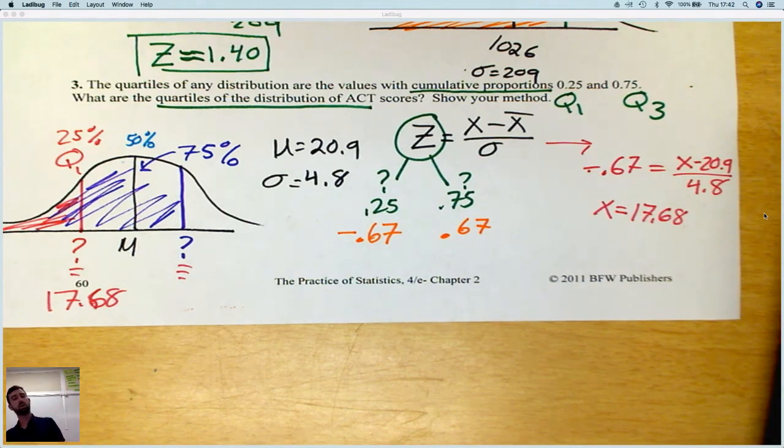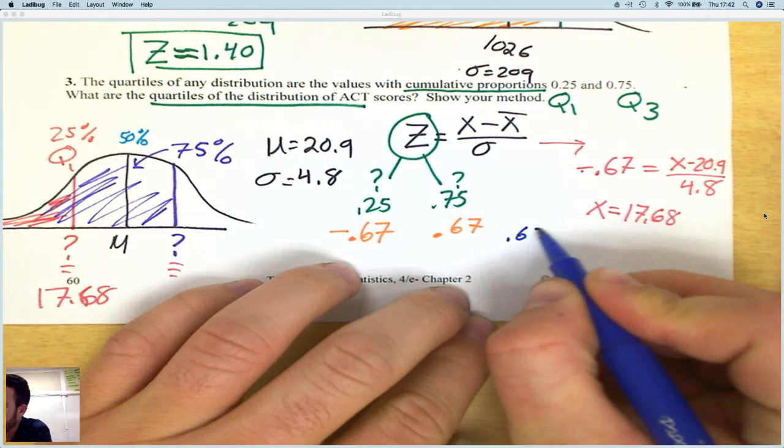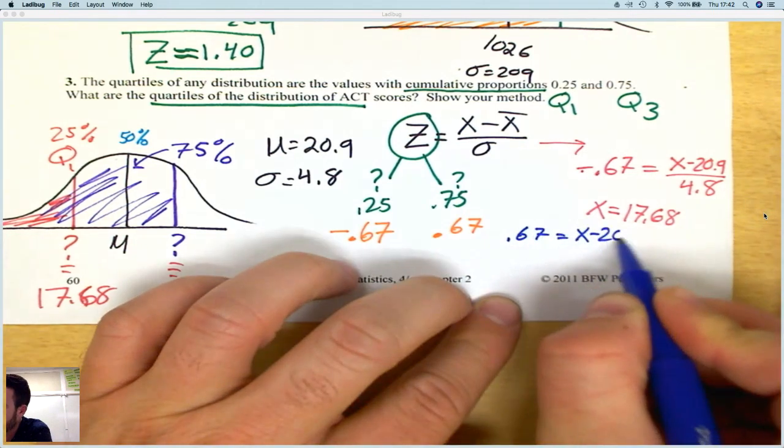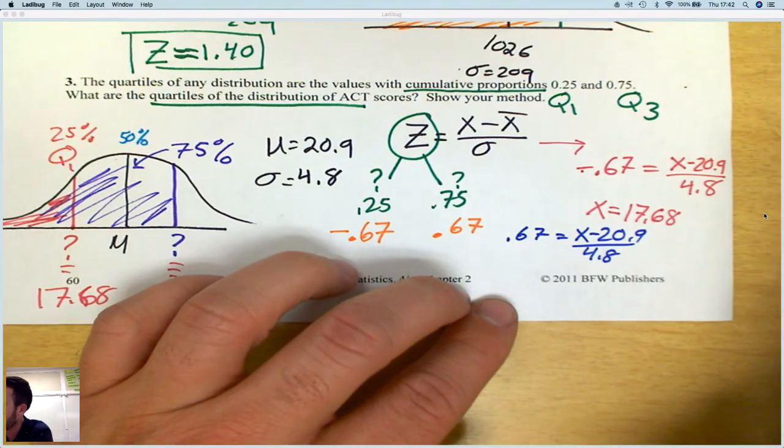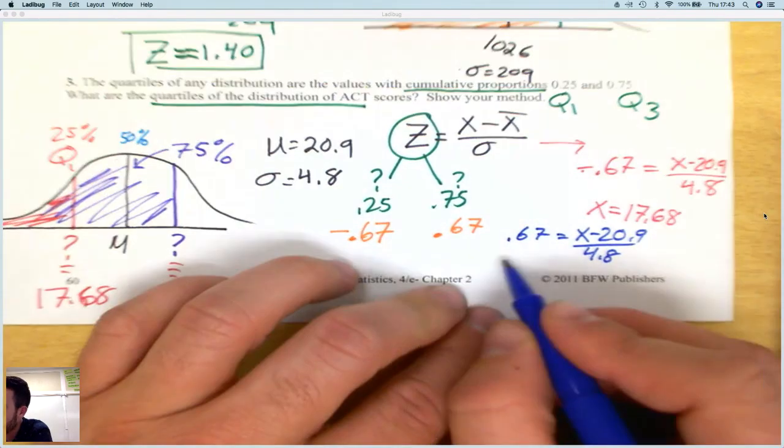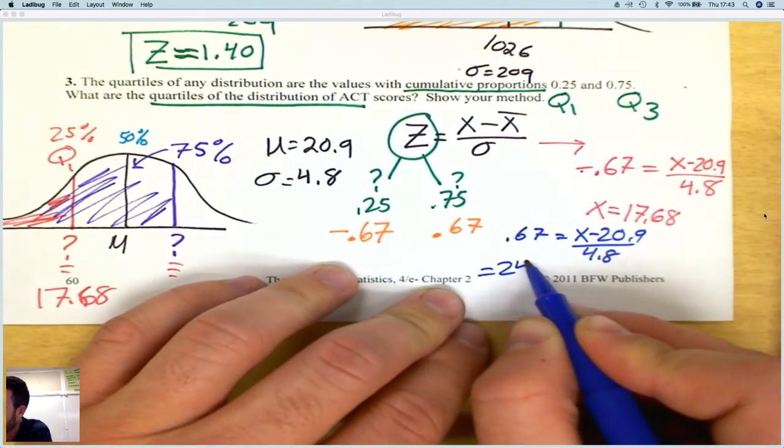Now the complement is also true, that they scored worse than 75% of the people. To find the upper bound, we're going to use the positive 0.67. So we're going to do the same thing, and we get 24.11.